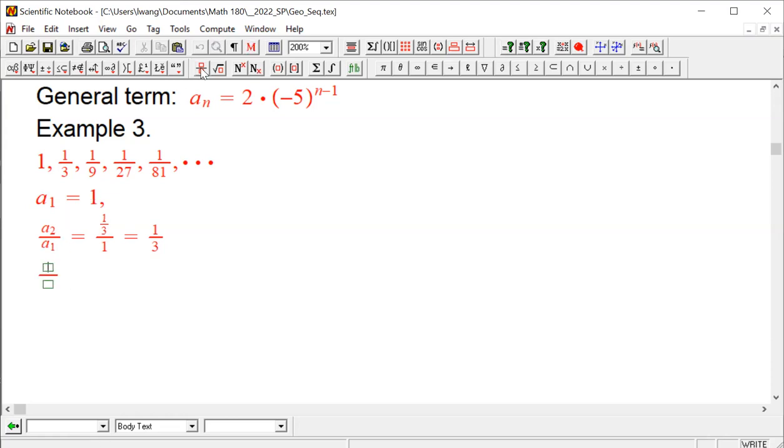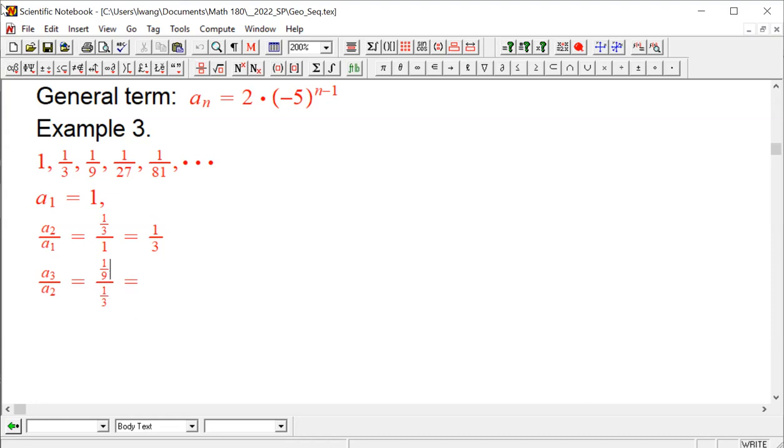And then we look at a sub 3 over a sub 2. So you can see we're using definitions. a sub 2 is 1/3 and a sub 3 is 1/9, so 1/9 divided by 1/3. How do we simplify that complex fraction?